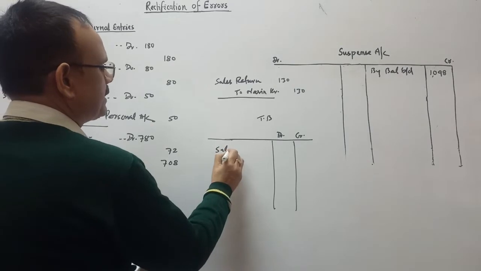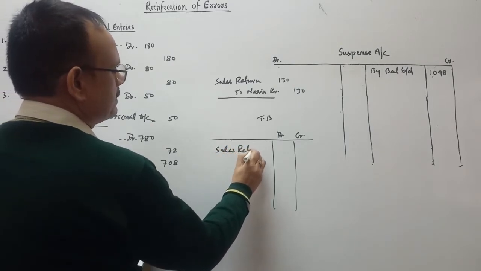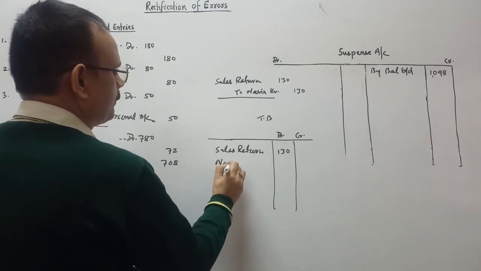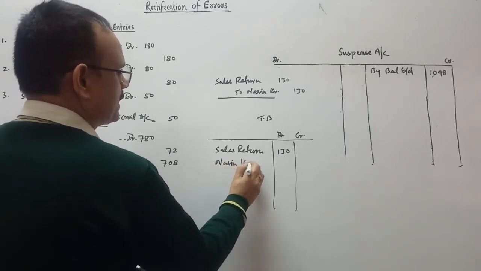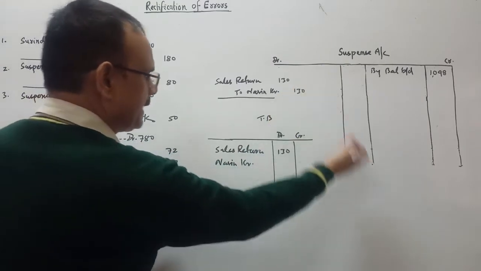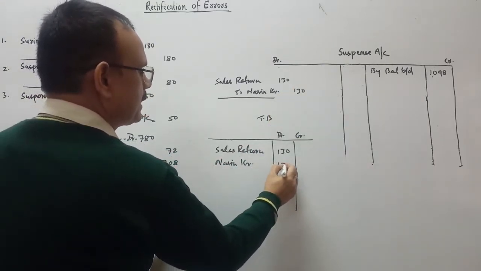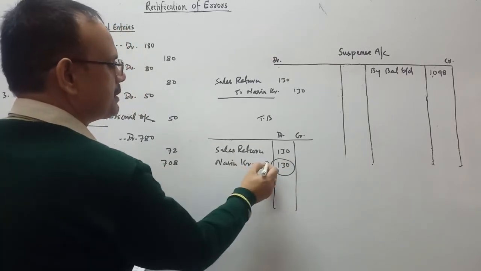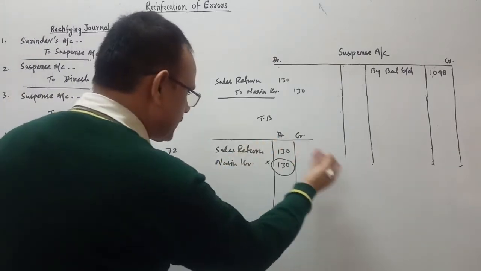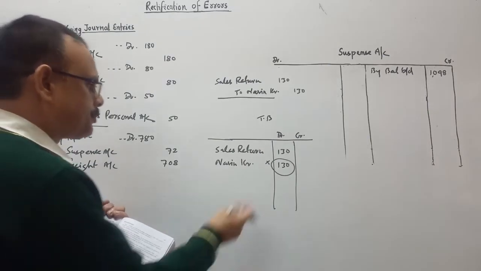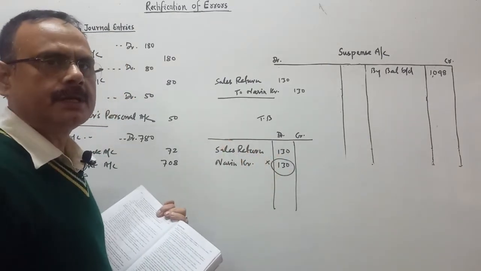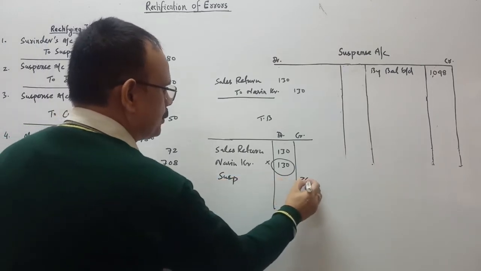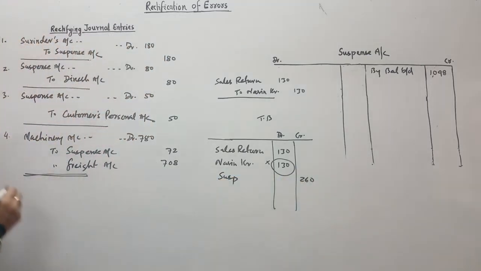There is no mistake in the sales return of 130, but when the posting in the ledger of Naveen Kumar is concerned, instead of the credit side, it is posted in the debit side. This is the mistake committed. So the suspense account will be opened by 260 rupees. Now what will you do?